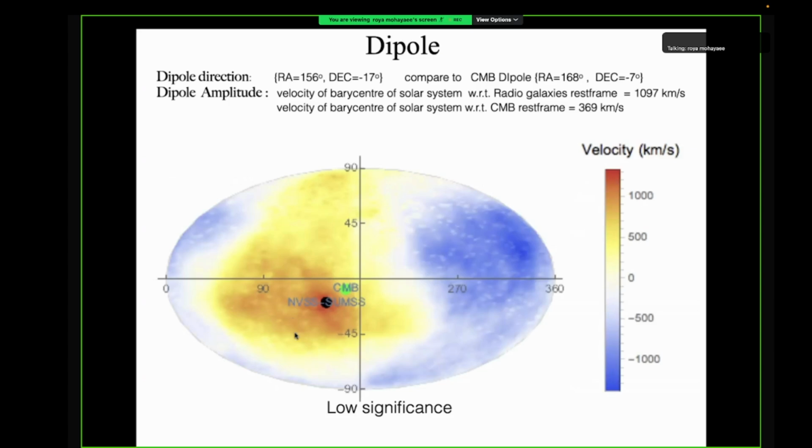And here I compare it to the CMB dipole. This is the radio dipole direction, the black circle here, and the green is the CMB dipole direction. You see the directions are very similar. But now if I use the Ellis and Baldwin formula to get the velocity of the observer, you see that the velocity given by radio sources is more than twice that inferred from the CMB.